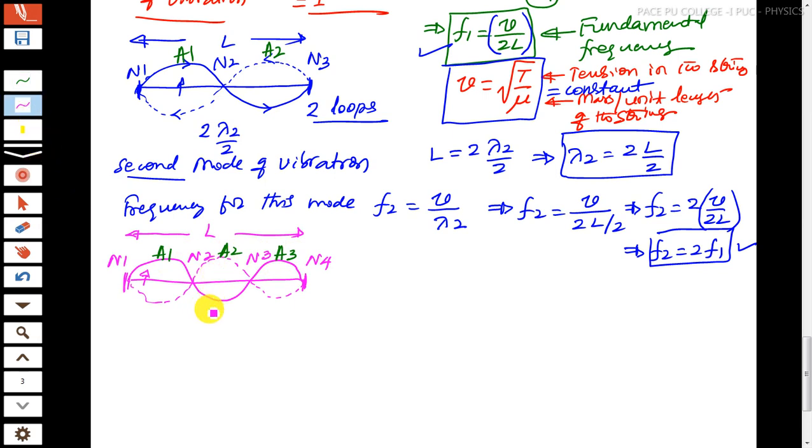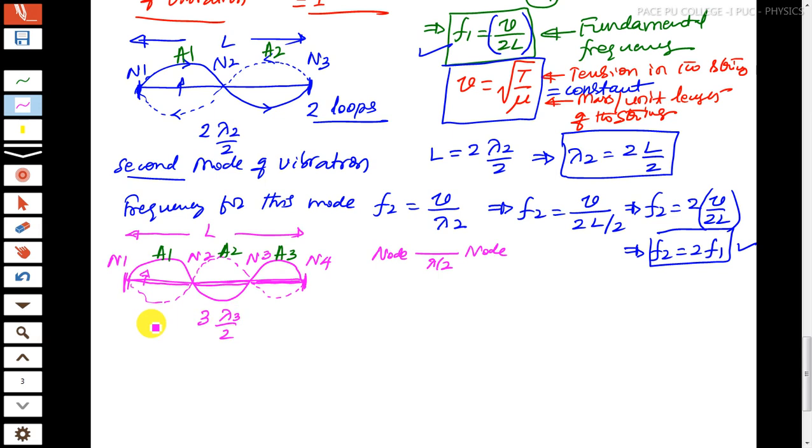Right. So now the distance from one node to another node is lambda by 2. I have how many such differences? 1 lambda by 2 here, 2 lambda by 2 here for the second loop, and for the third loop it is 3 lambda by 2. The complete distance becomes 3 times lambda by 2, and the wavelength corresponding to this mode is lambda 3.